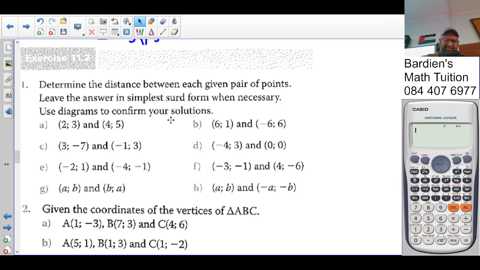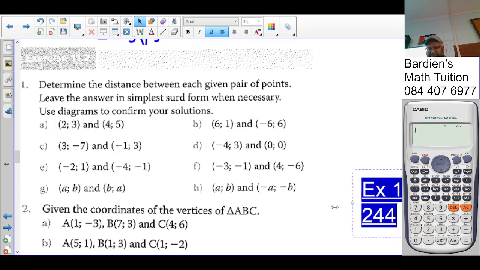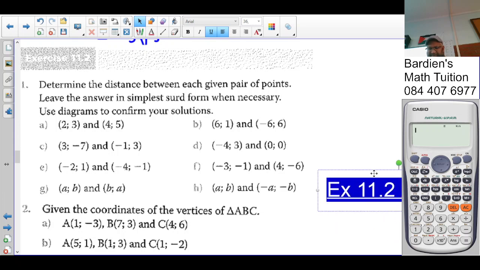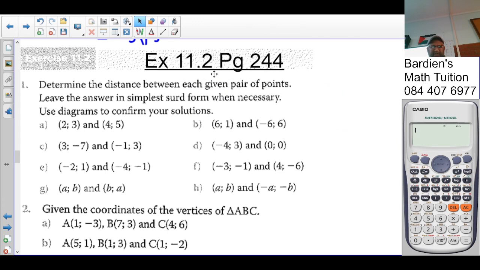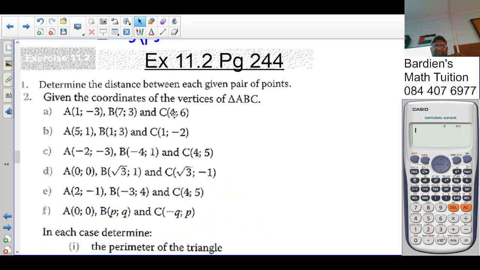This is exercise 11.2 and this was on page 244. Any problems with number 1? No. So you had to do everything in number 1. First column. Okay, so you do for me the second column in number 1.